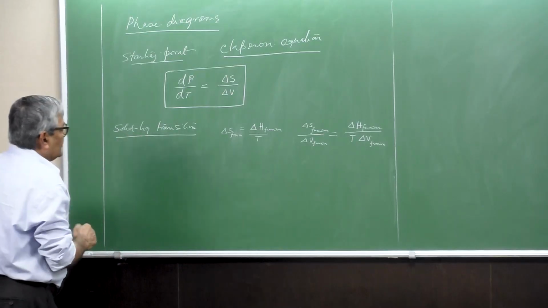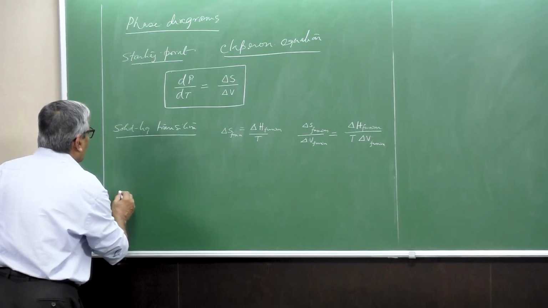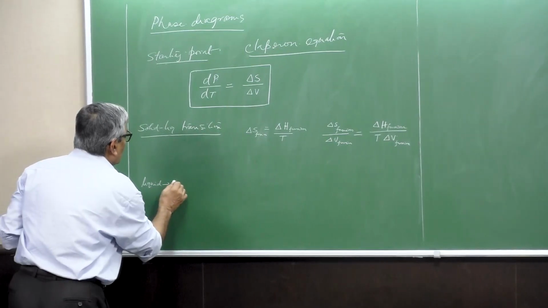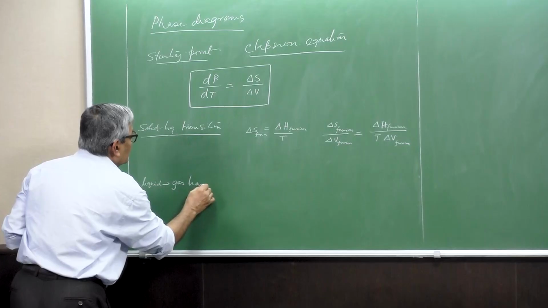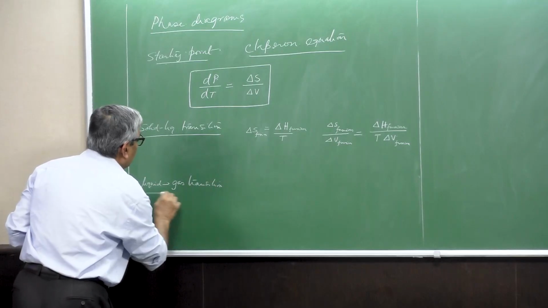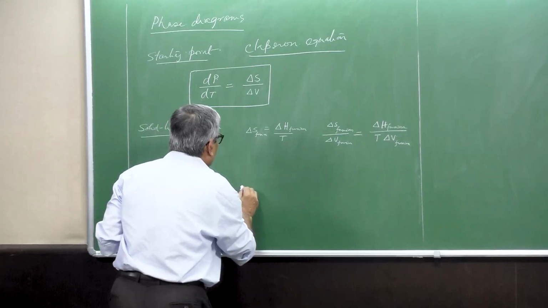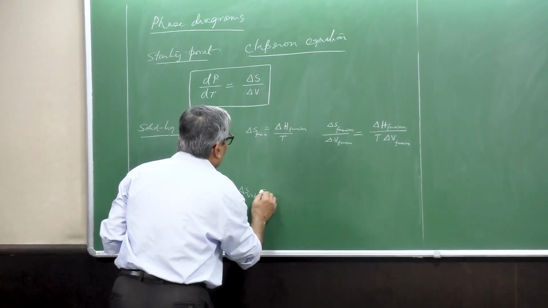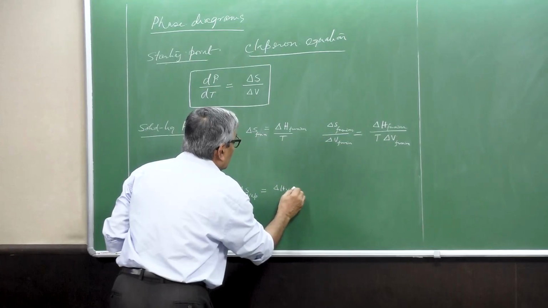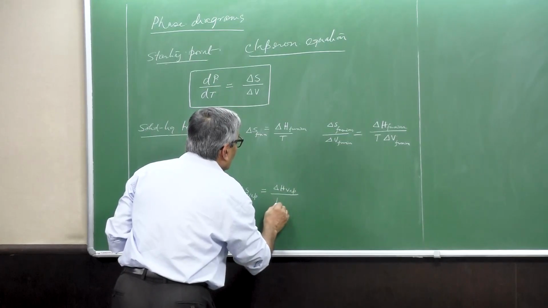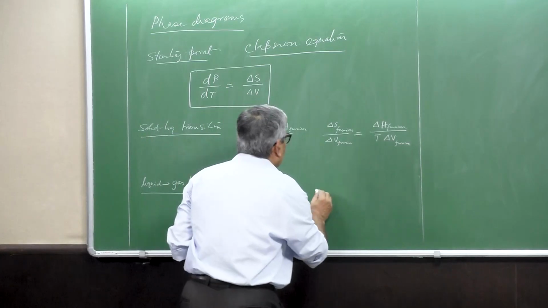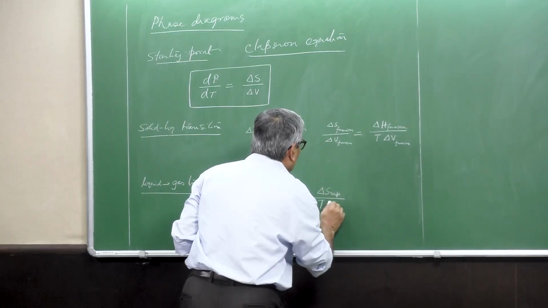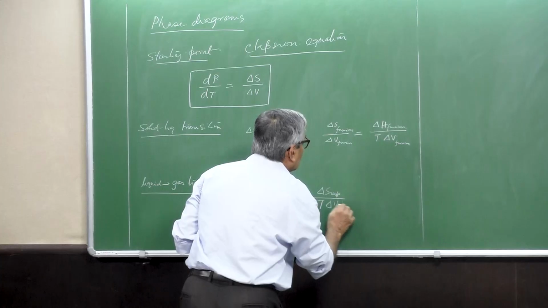And for the liquid to gas transition, we have the same thing, that is delta S of vaporization equal to delta H of vaporization by T.